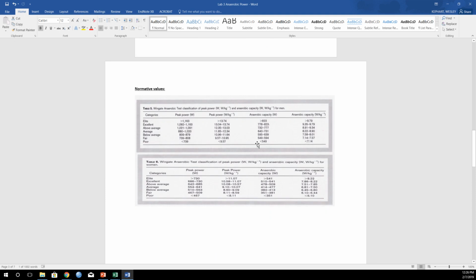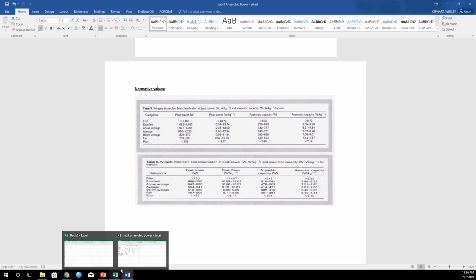These normative values, you'll probably have to open this up so that you can see it a little bit better. So anaerobic capacity right here, let's just say it's a male, 8.83. That would put them just about in the average category. So that's how we would figure that out.